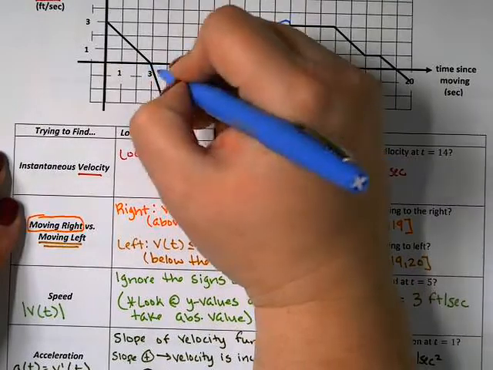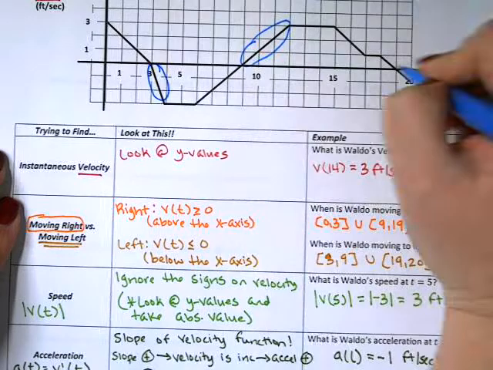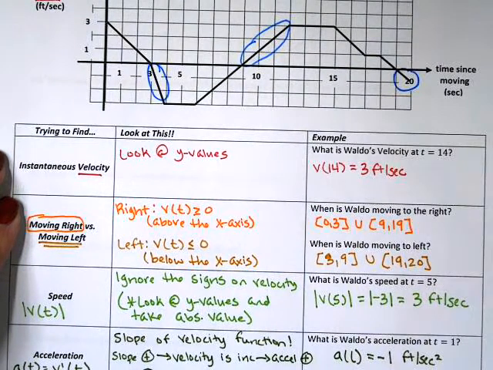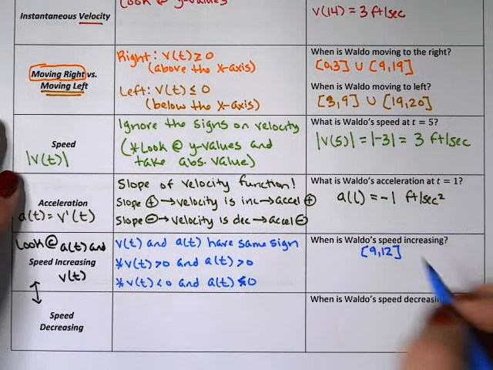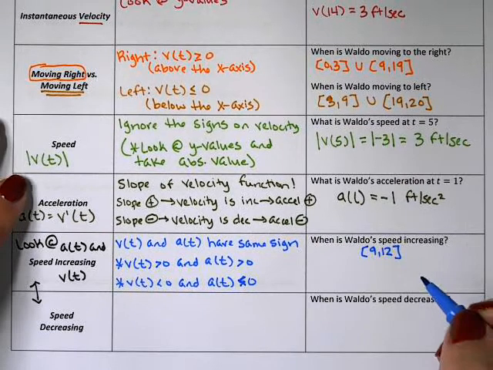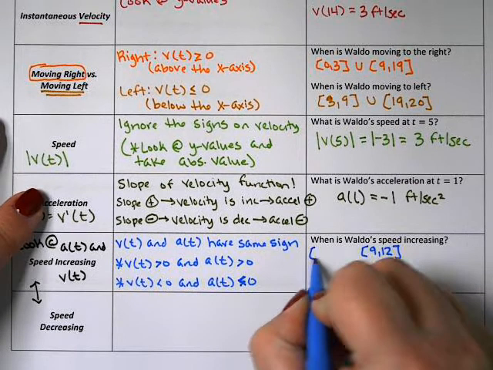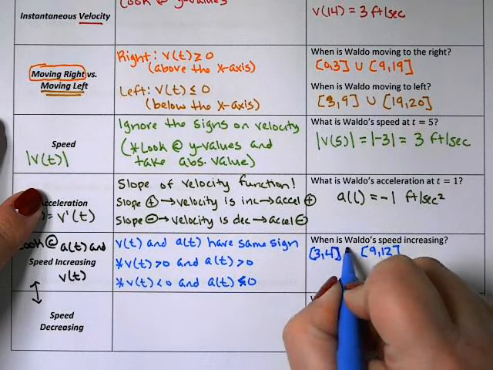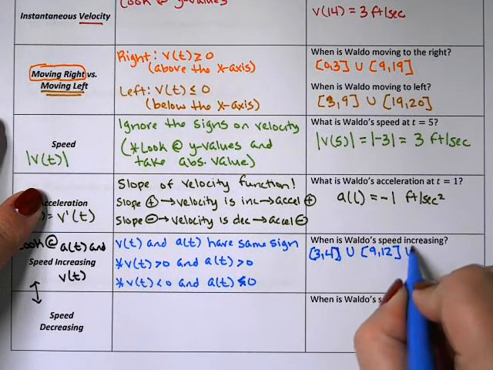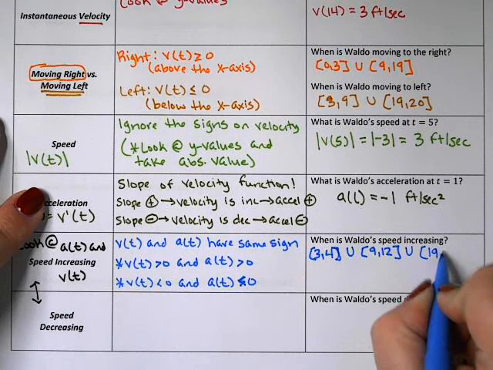That would be right here, and again right here. Those are both below the x-axis and have a negative slope. So that's from 3 to 4. I'm going to put that first because I like to always put my stuff in order. So from 3 to 4, and then again from 19 to 20.